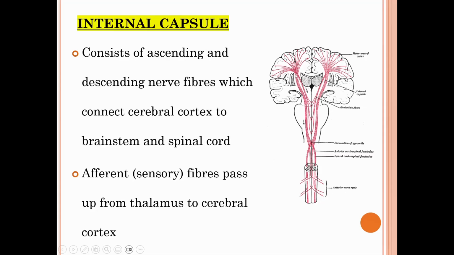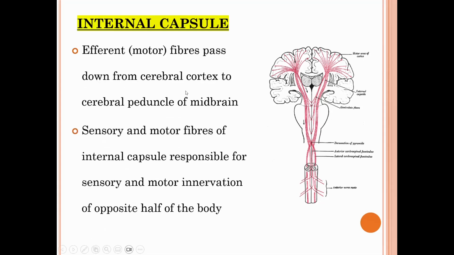So these are ascending and descending fibers, and the ascending fibers, as we know, because their gateway is through the thalamus, are passing through the thalamus. Okay, the descending fibers here, they all will converge here.